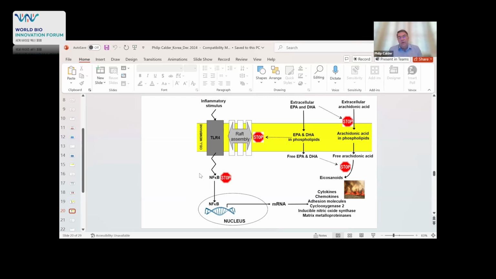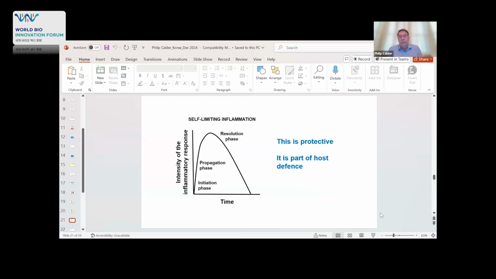So the downregulation of NF kappa B signaling with EPA and DHA is actually due to an impairment in raft assembly at the membrane level. So omega-3 fatty acids are acting to decrease the protein mediators of inflammation and the lipid mediators of inflammation through the mechanisms that I've alluded to.